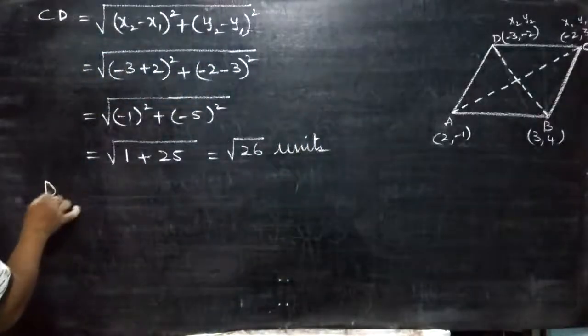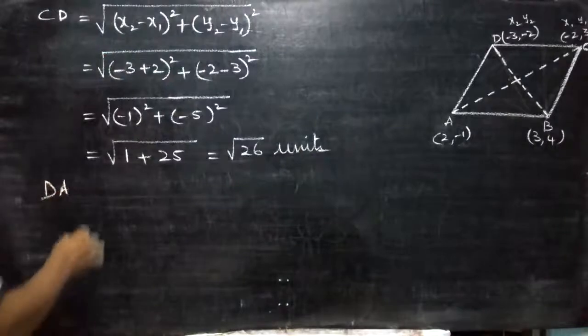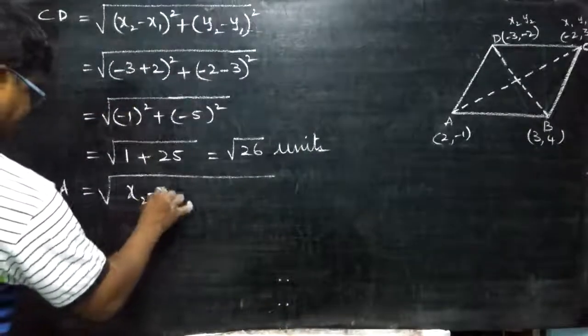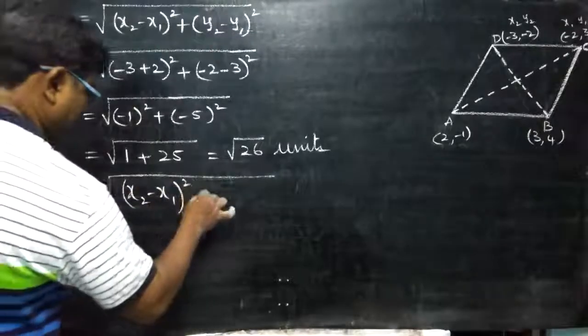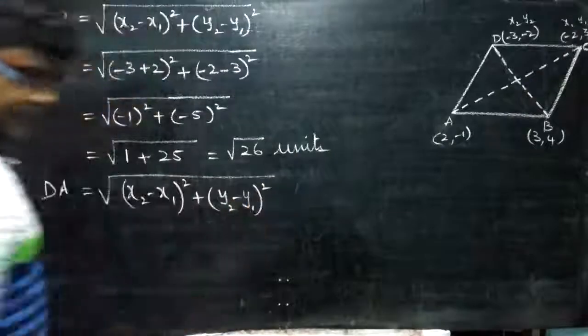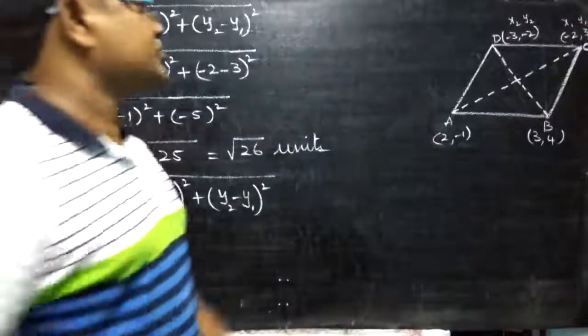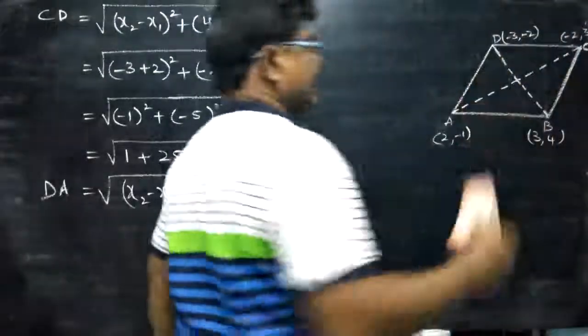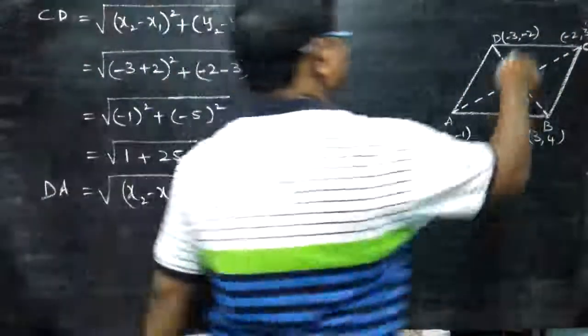Now DA. What is the formula? Same formula. Square root of (x2 minus x1) whole square plus (y2 minus y1) whole square. This time change. D you think as x1 y1 and A you think as x2 y2.